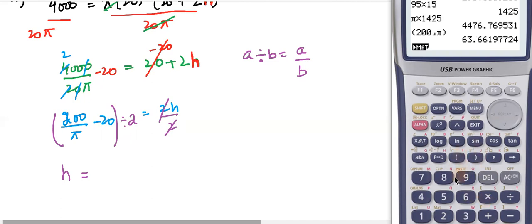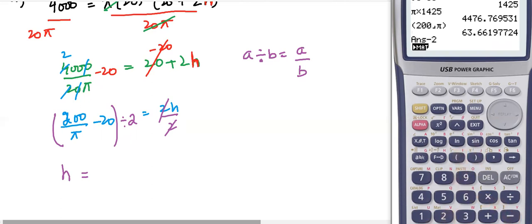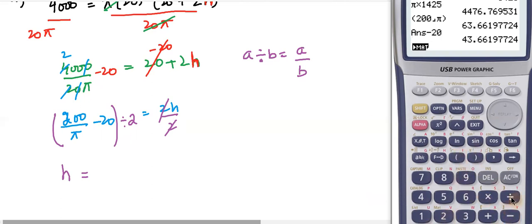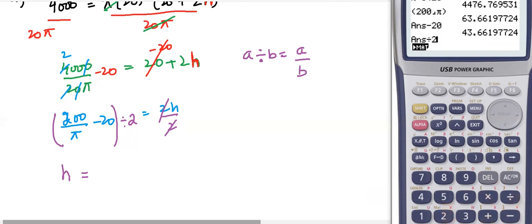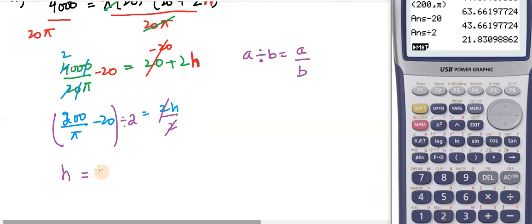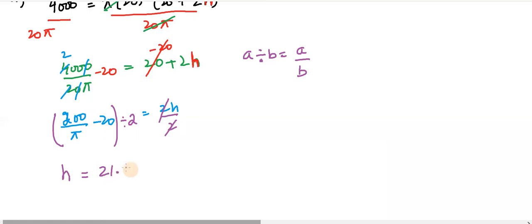Whatever this answer is, I'm going to subtract 20 from it. Whatever this answer is, I'm going to divide by 2. And this is my final answer. H is 21.8 centimeters. So for a bin which has surface area 4,000 square centimeters and radius 20, the height should be 21.8.